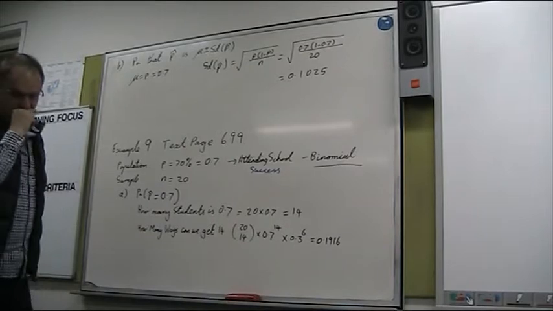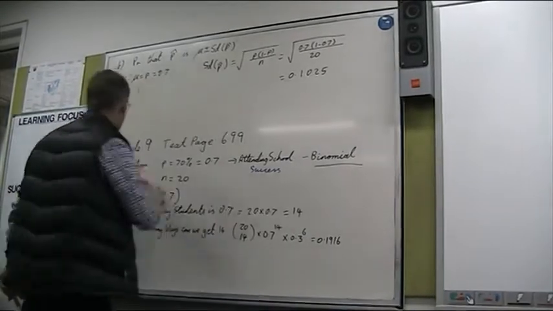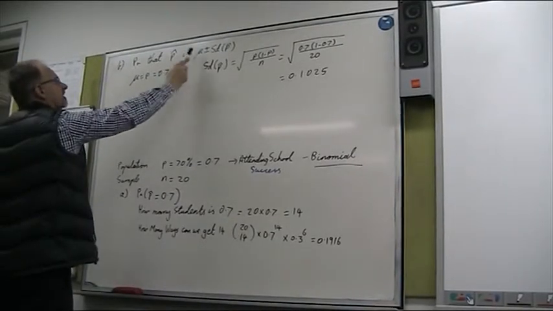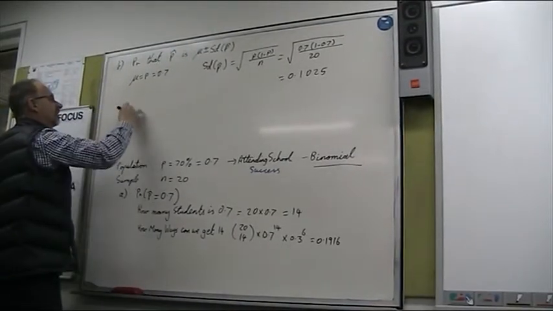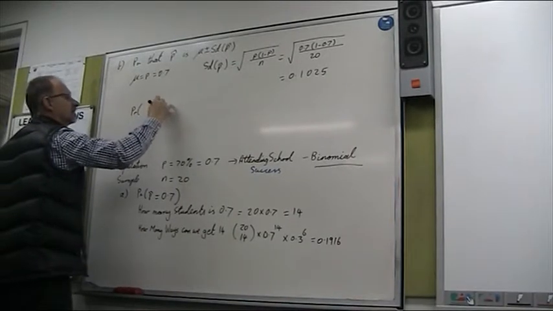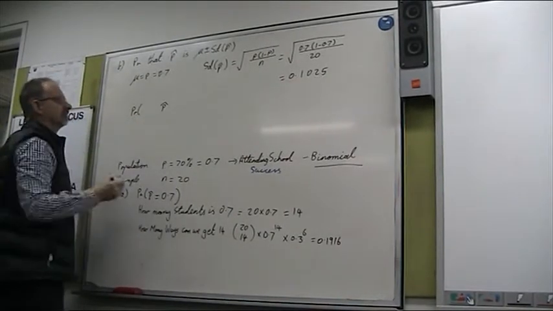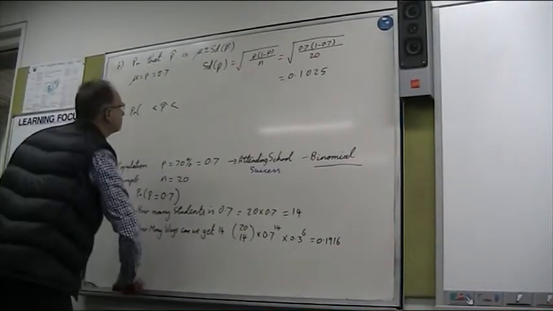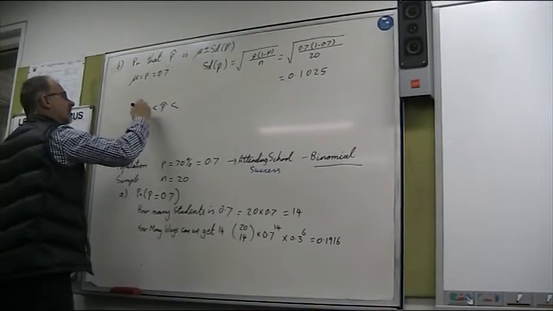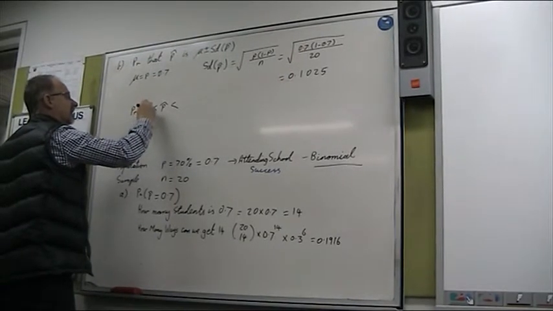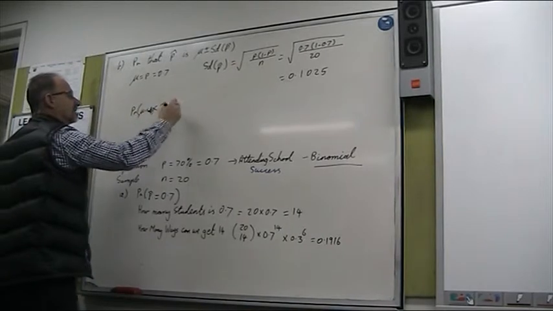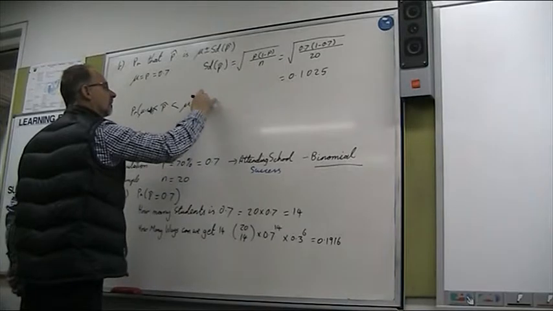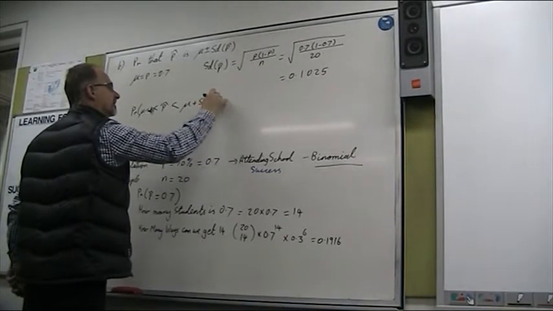So what are we now looking at? Let's look at this again. We want the probability that the sample proportion is between the mean minus 1 standard deviation and the mean plus 1 standard deviation.